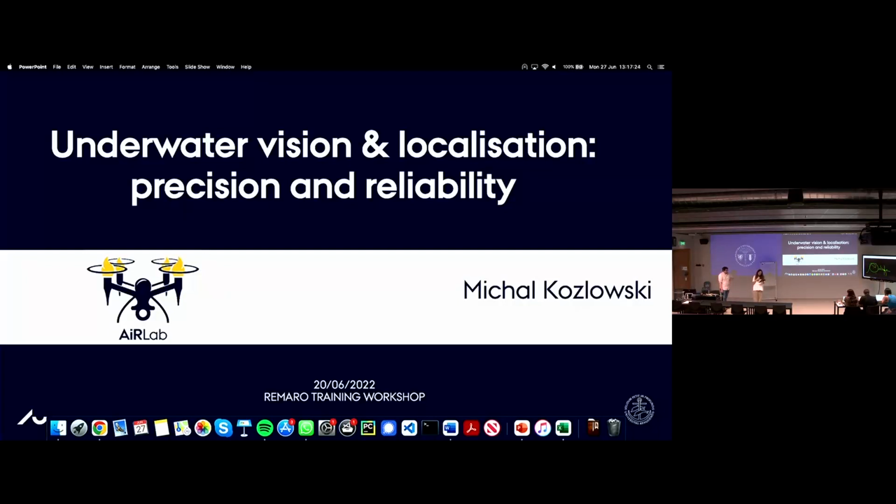He worked as a postdoctoral researcher at Harrows University in the Air Lab there, and he was also a research associate at Imperial College London, and now he's working on machine learning and computer vision at Kidsloop Ltd, still in the UK. He will give us now a lecture on underwater vision and localization. So you saw control before, and now we look at the sensors and how to use them. Michal, the floor is yours.